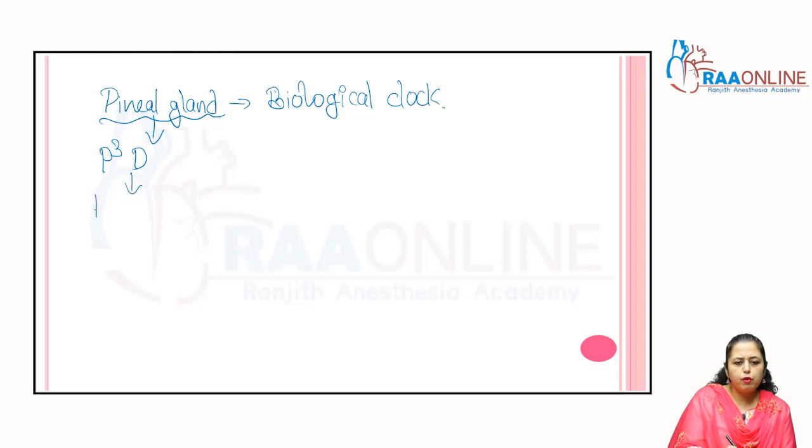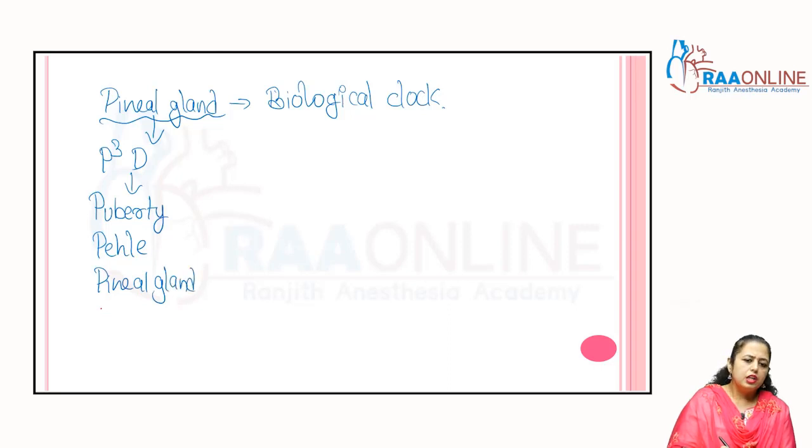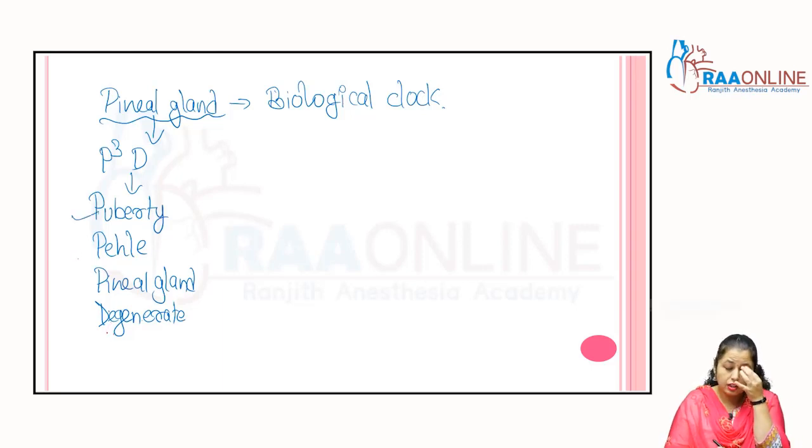P for puberty, P for pehle, P for pineal gland, D for degenerate, right? So before puberty the pineal gland degenerates, right? Just before attaining puberty, the pineal gland degenerates.